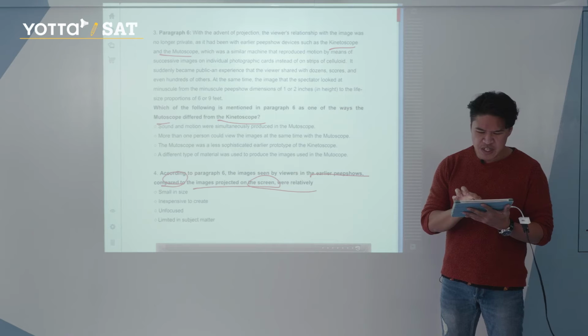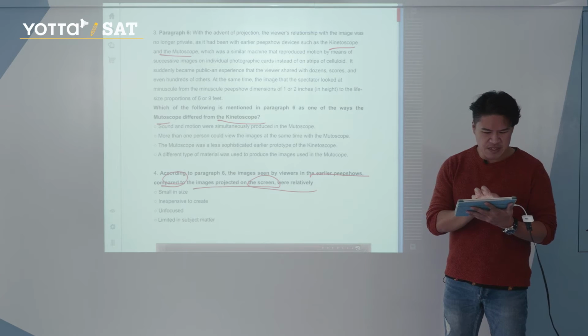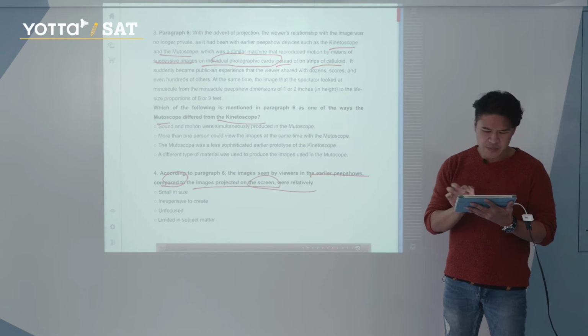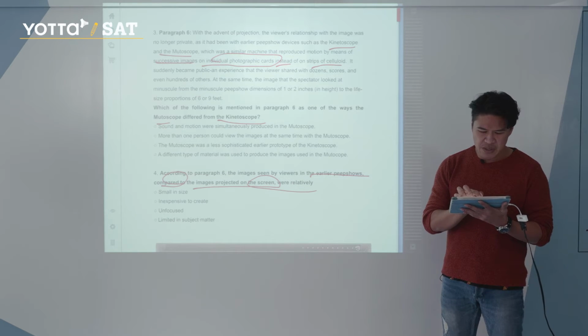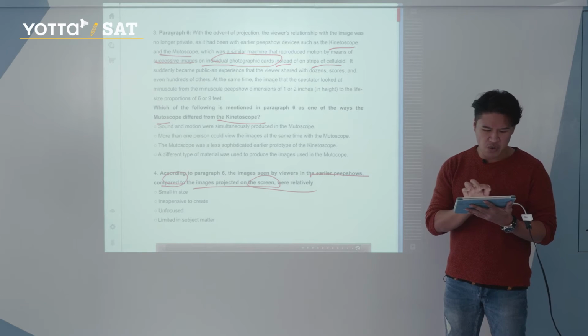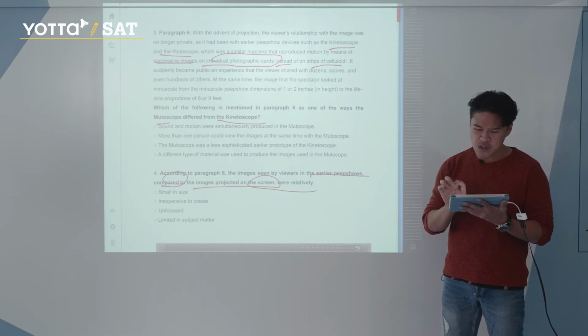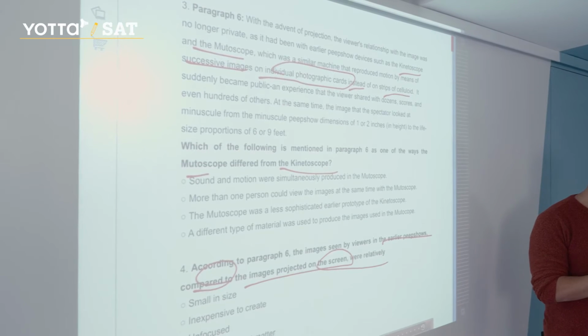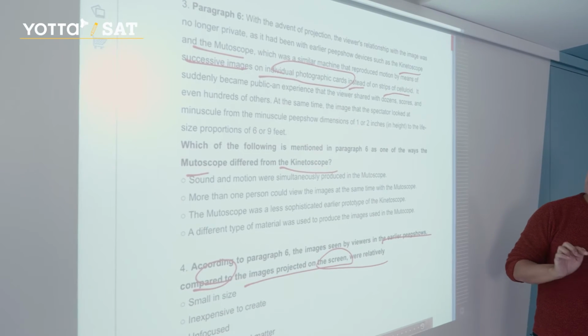Which were similar machines that produced motion by means of successive images on individual graphic cards instead of strips of celluloid. It suddenly became a public experience that viewers shared with dozens, scores, and even hundreds of others. At the same time, the image the spectator looked at went from the minuscule peep show dimension of 1 to 2 inches to life-size proportions of 6 to 9 feet.